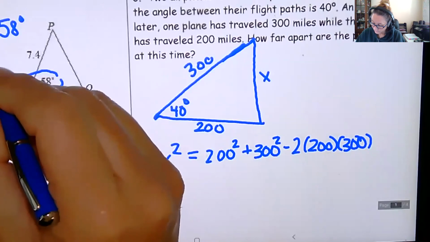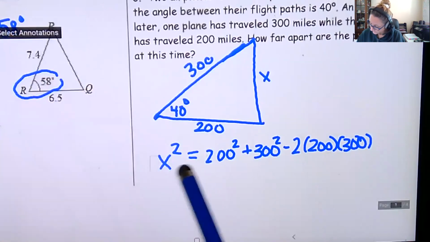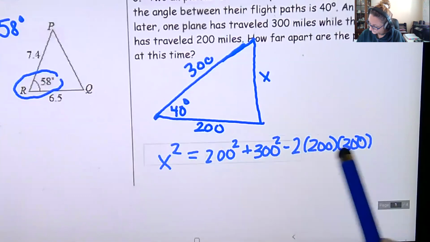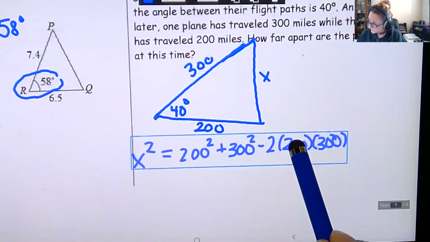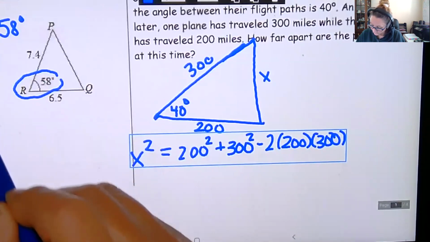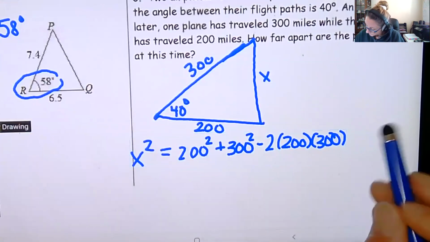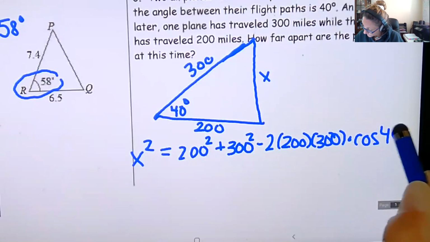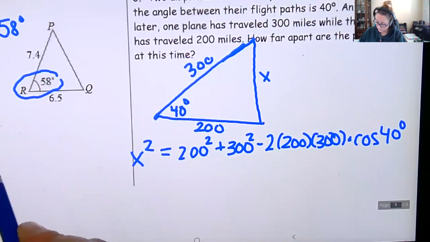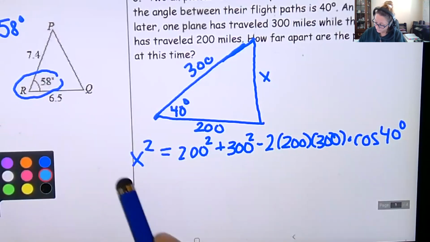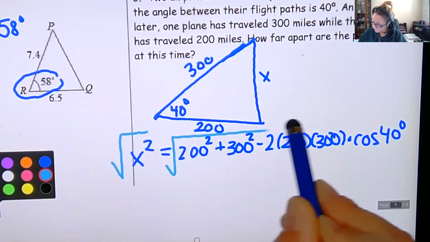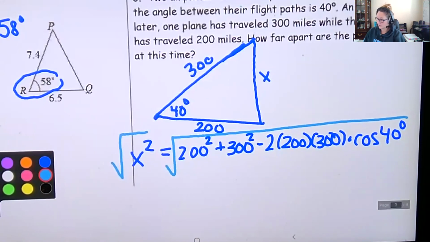I'm just going to move it for a sec. I'll give myself a little space so I can fit in my cosine of 40 degrees, and I just put that into my calculator. Now, before I put that into my calculator, this is a square, so I'm going to square root that whole entire thing.